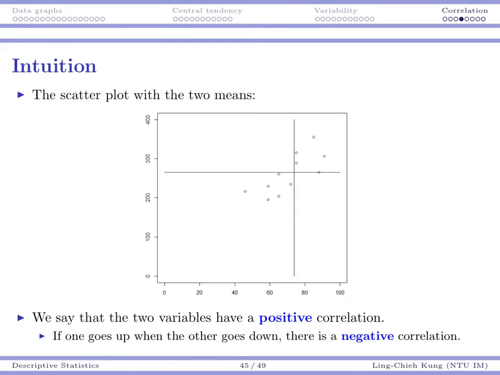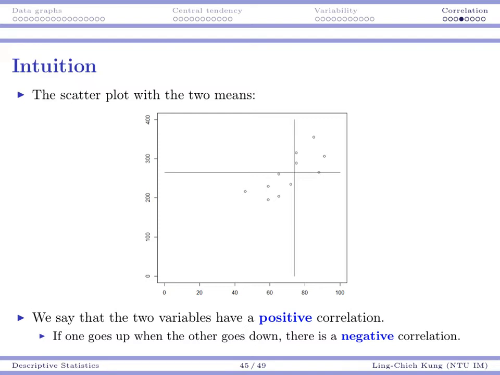So let me highlight the two means on the scatter plot to give you a more concrete idea here. For each point there is an x coordinate, the size. For the 12 numbers, I know how to calculate the mean, and it's here. For y, prices, it's the same thing. And then immediately we can see that almost all the points are in the first quadrant or the third quadrant.